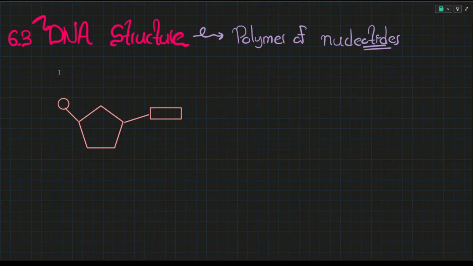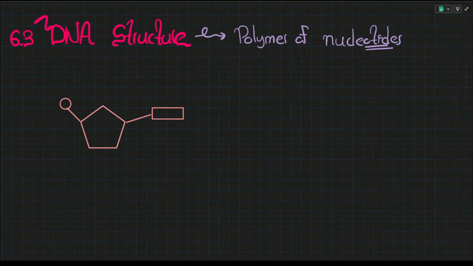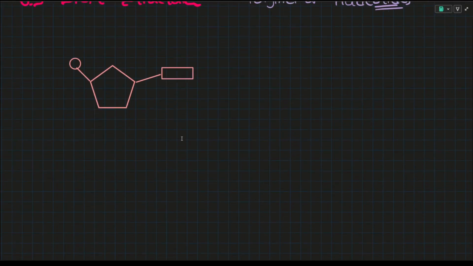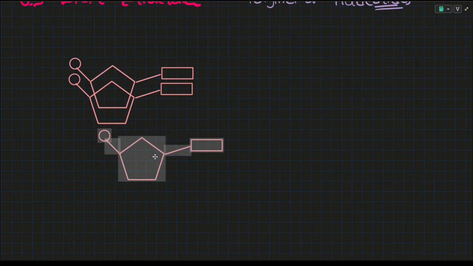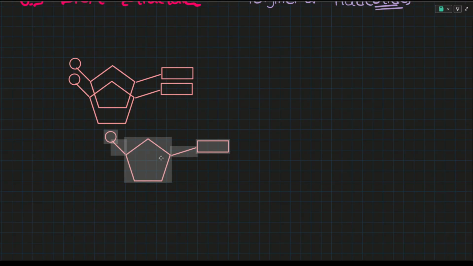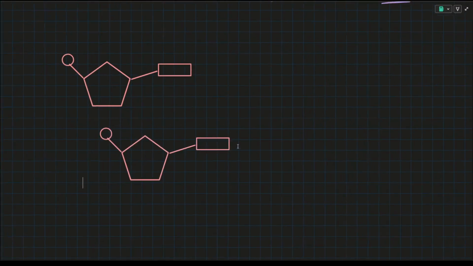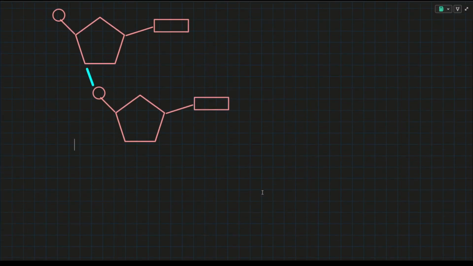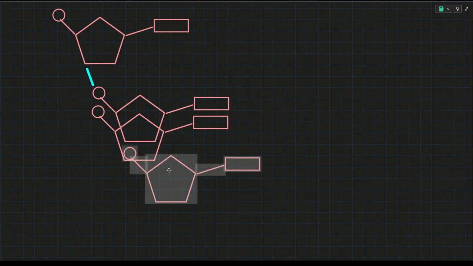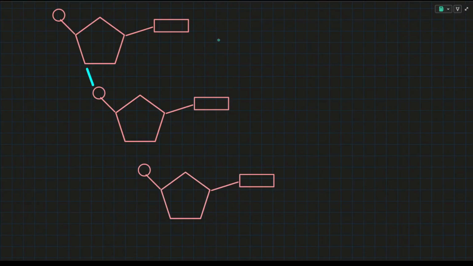There's a very clear, distinguishable method in which one nucleotide binds to the next nucleotide. So if I draw two nucleotides out like this, I'm going to form a bond right here. That is how one nucleotide will bond to the next one, like so.